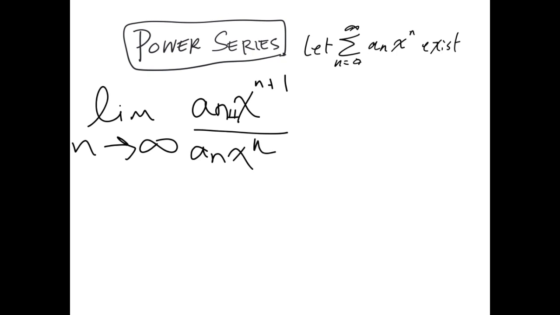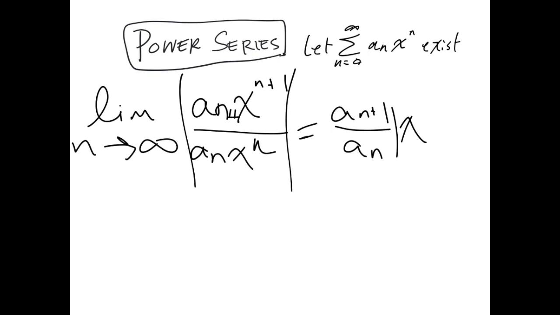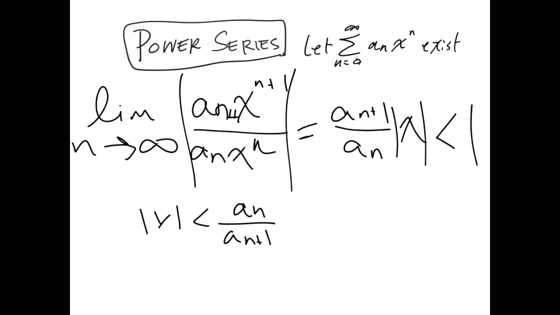So that means I have a n plus 1 over a n times x. There's some relationship here. There's some absolute values where we can set this equal. And if we want it to converge, we want that less than 1. So I can go ahead and solve for x, where absolute value of x is going to be a n over a n plus 1 because I'm multiplying by reciprocals. And we can associate that there.